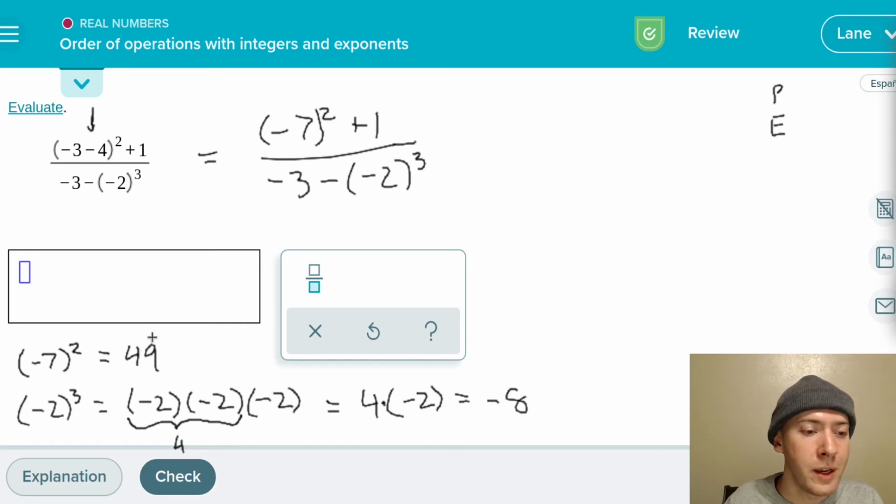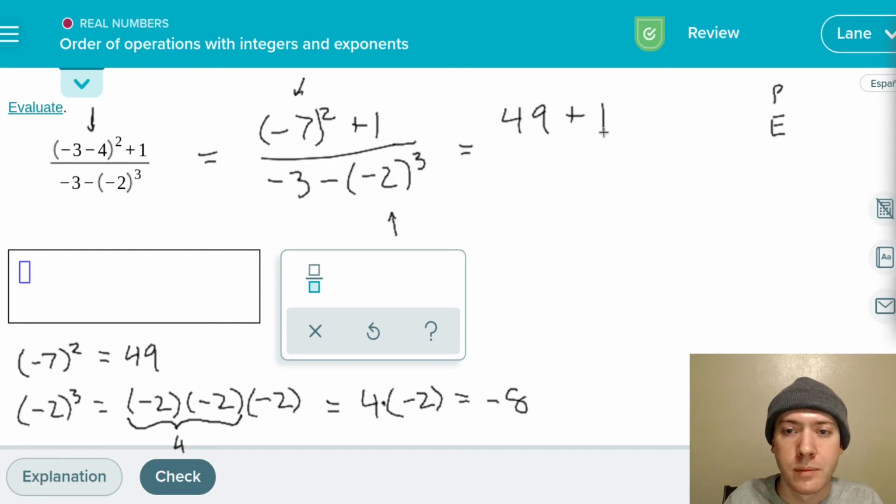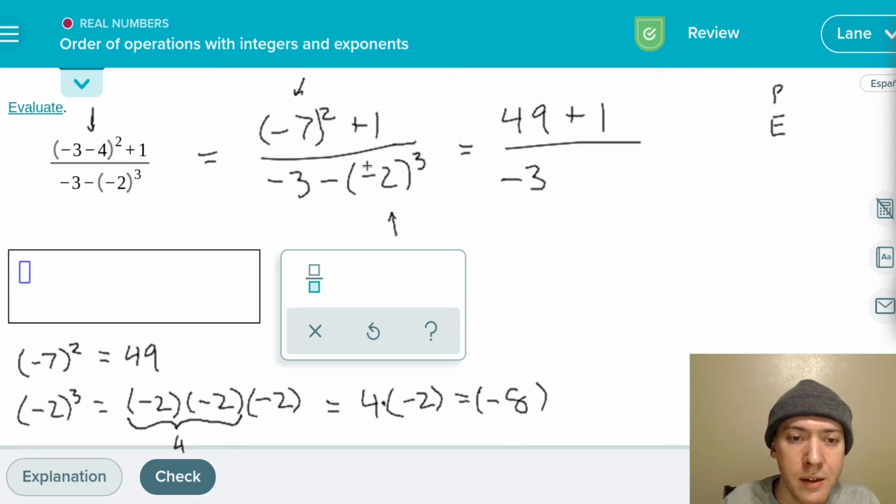All right, so I'm going to write a 49 up here where the -7 squared was, and I'm going to write a -8 down here where the -2 cubed was, okay? Now down here on the bottom, because the -2 cubed is -8, I'm going to open up a pair of parentheses here so that we can keep our negative sign straight.